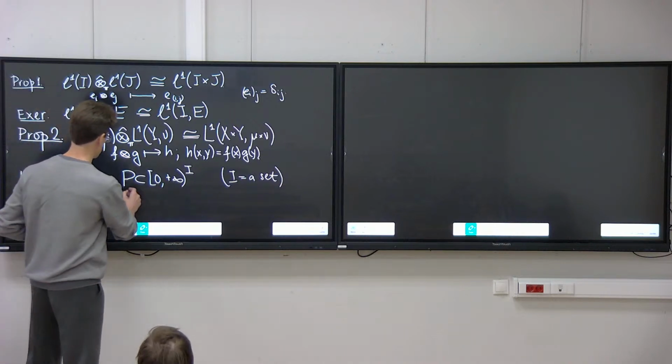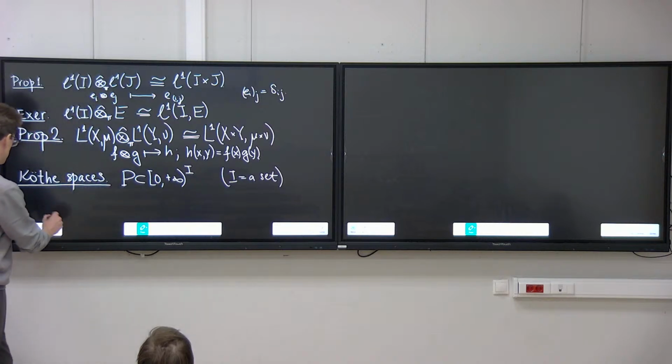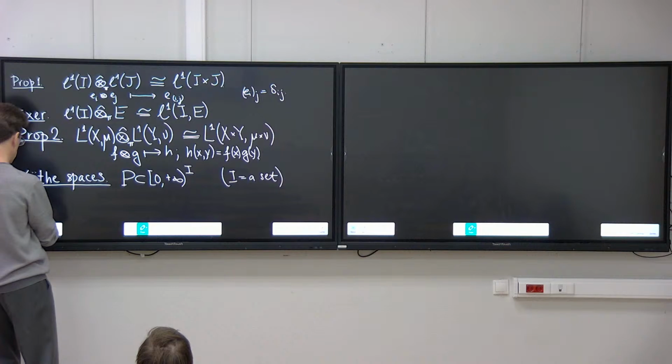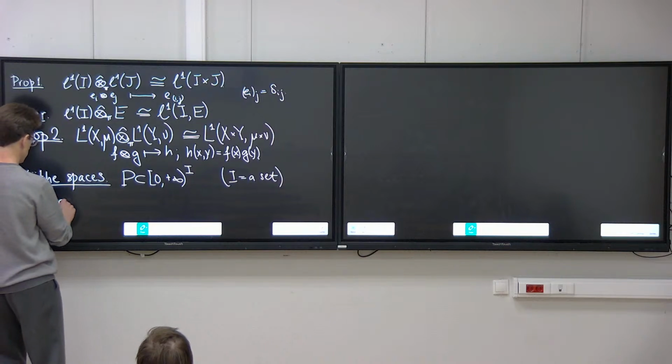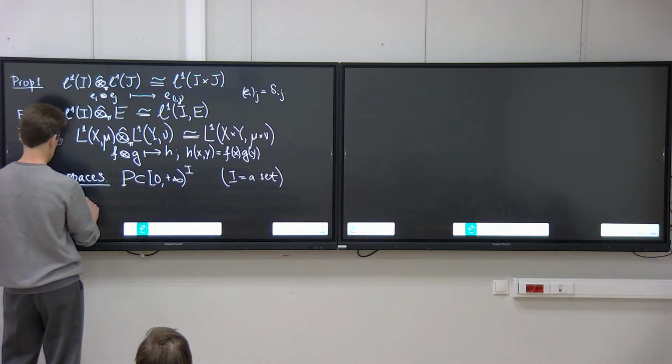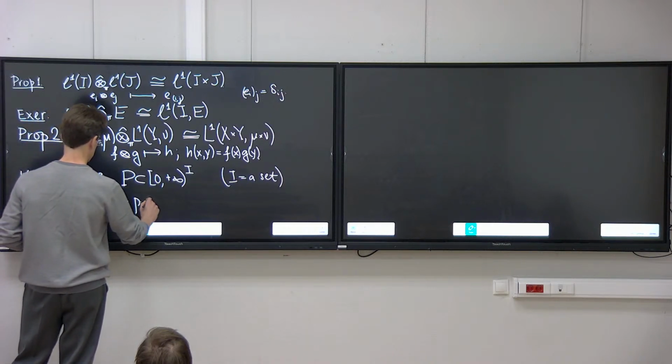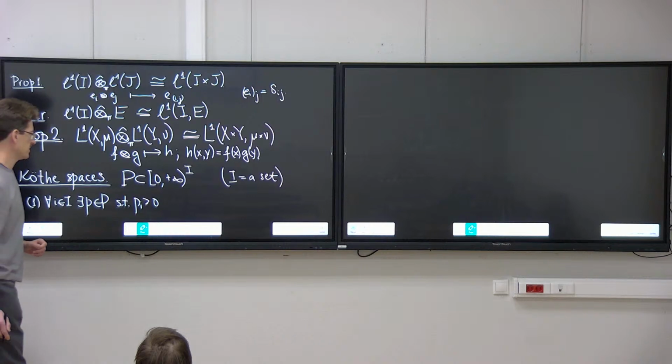We assume that P satisfies some natural conditions. Condition 1 was that for every i, there is an element p in P such that p_i is strictly positive.